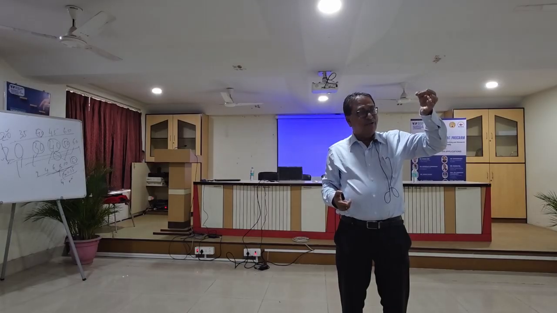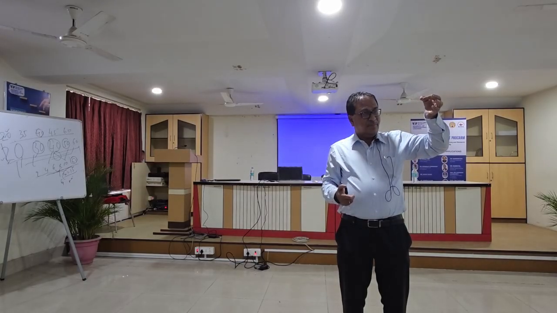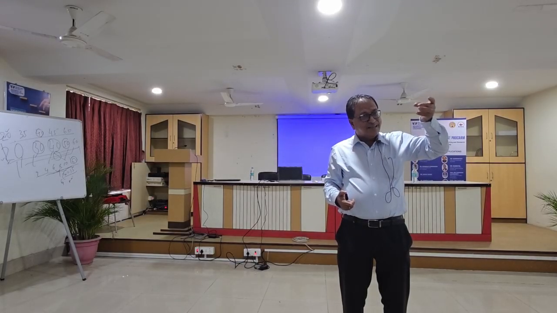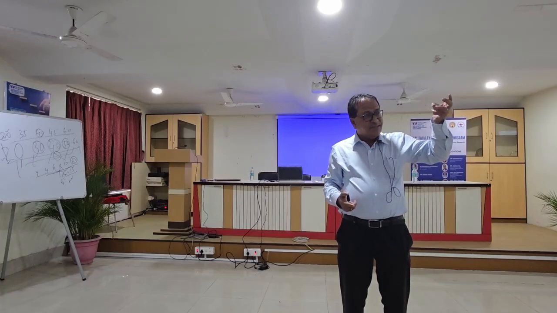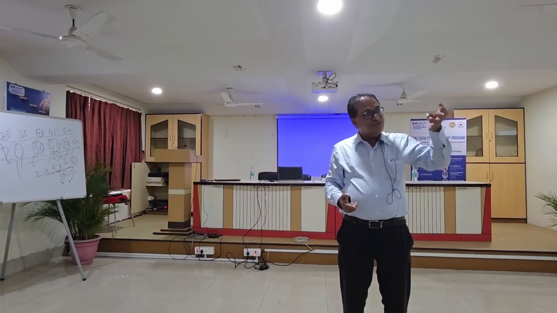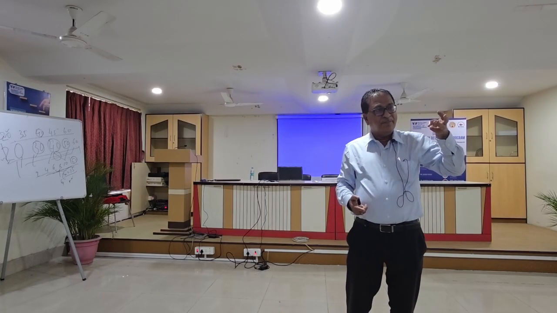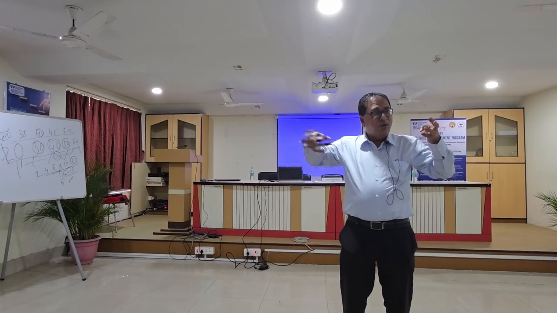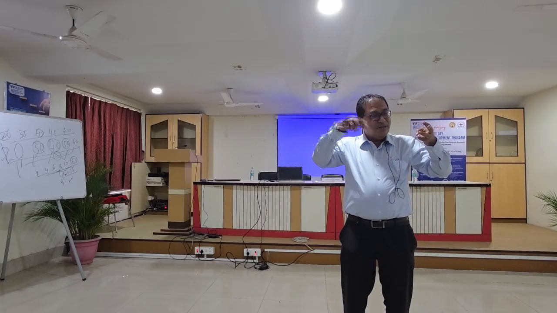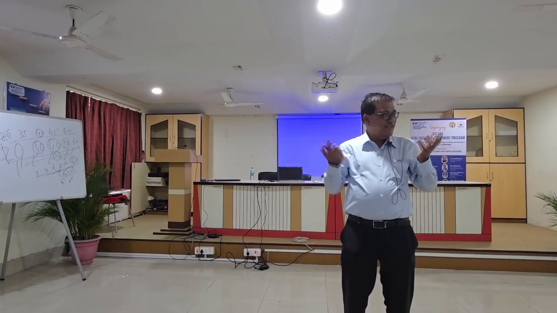Because mean is the first degree polynomial. Standard deviation is the second degree polynomial. Skewness is the third degree polynomial. And kurtosis is the fourth degree polynomial. If you check all mathematics, beyond the fourth degree there are no direct methods.